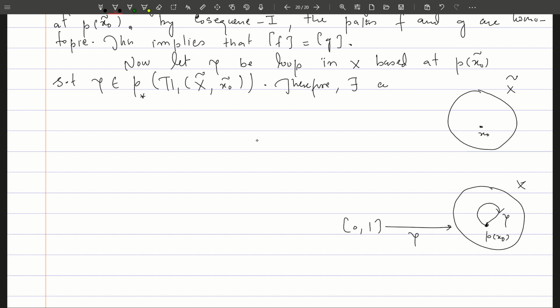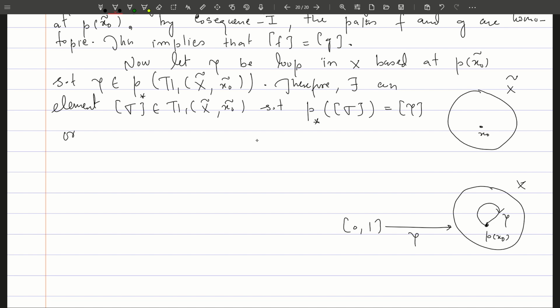So therefore there exists an element, say sigma, in pi 1 of X tilde, x naught tilde such that P star of this homotopy class is the homotopy class of gamma, or P composed with sigma is homotopic to gamma.